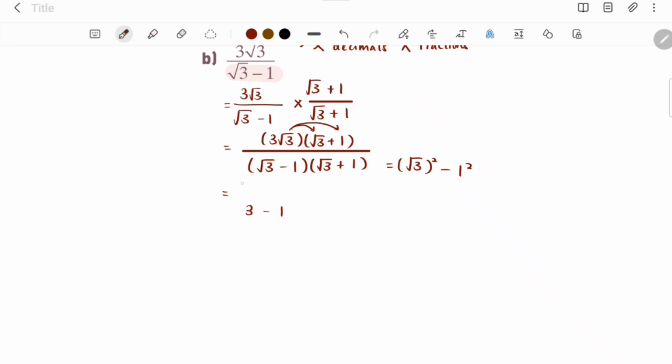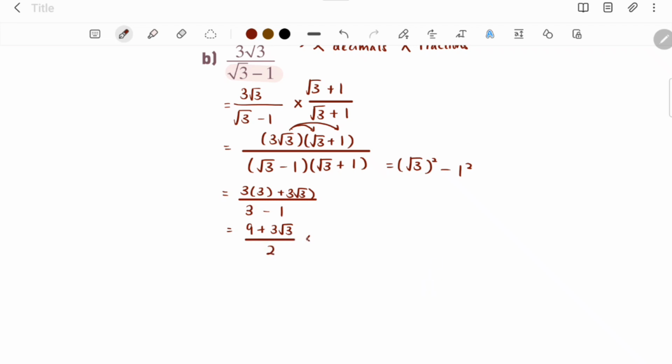So 3 times 3, surd 3 times surd 3. So you should get 3, 3 plus 3 surd 3. Okay, simplify it. So this one you should get 9, and then this one you should get plus 3 surd 3. Okay, over 3 minus 1, 2.